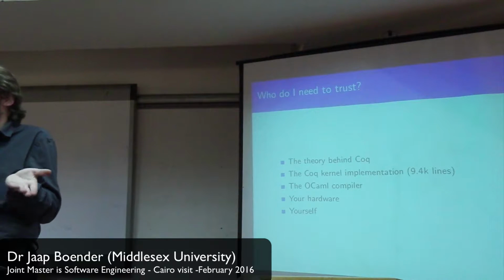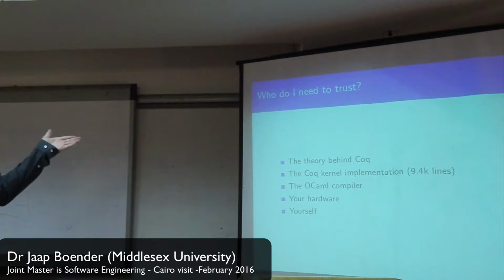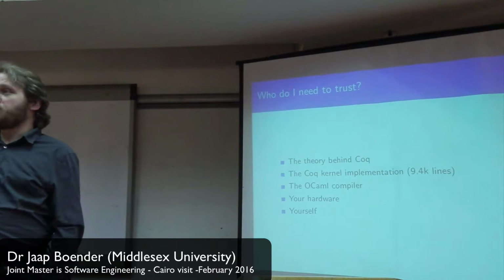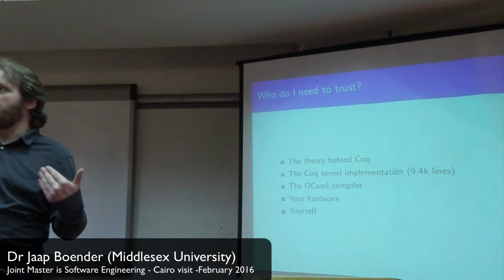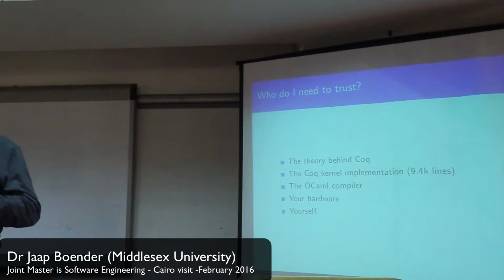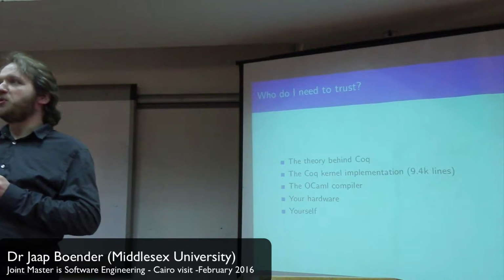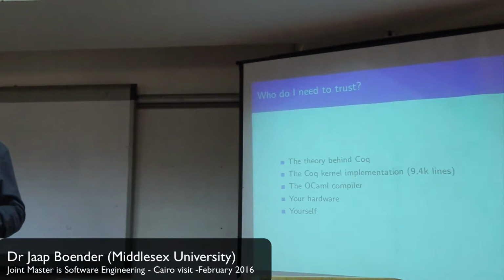How can I trust this tool that tells me everything's okay? So there are basically 5 things where it can go wrong. The first thing you need to trust is the calculus of inductive constructions, the logical theory that Coq uses. This has been around for 20, 30 years, and people regularly publish about it, so you're probably reasonably safe there.